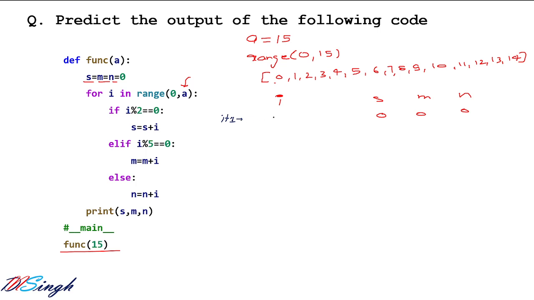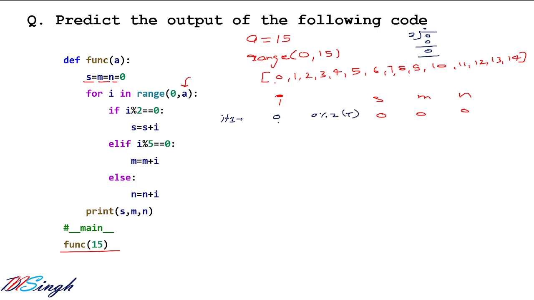In iteration 1, the I value is 0, and then we are checking the condition I mod 2 is equal to 0. So if you divide 0 by 2, what will happen? 0 times it will go, and you will have quotient 0 and remainder 0 also. So this condition is satisfied for this value. 0 mod 2 produces 0 itself, so this condition becomes true.